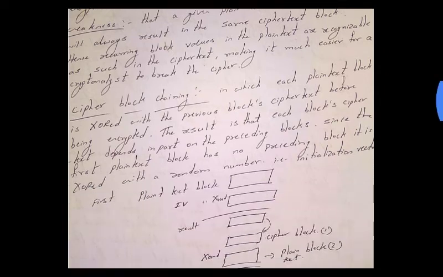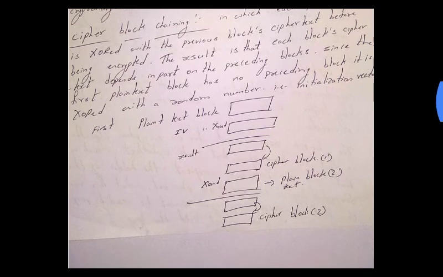Is it clear? Now we are going to see one example, which is cipher block chaining. In this cipher block chaining, how are the plain text blocks converted into cipher text blocks? For example, the first plain text block is exclusive-ORed with some initial value which you take, called the IV value or the initial vector.